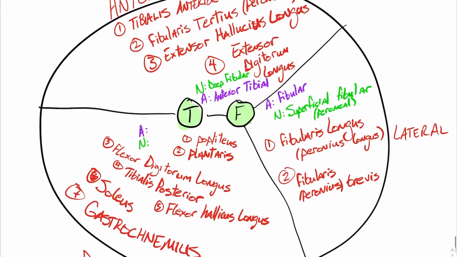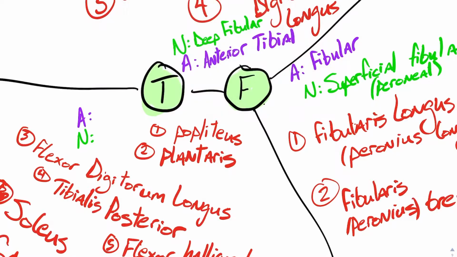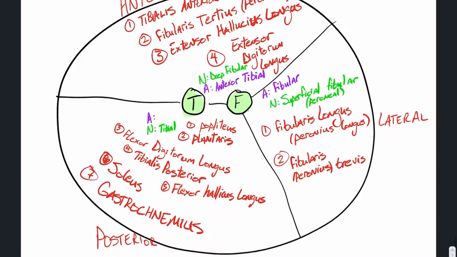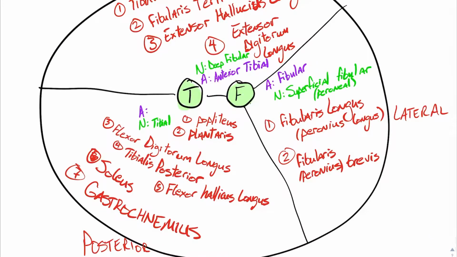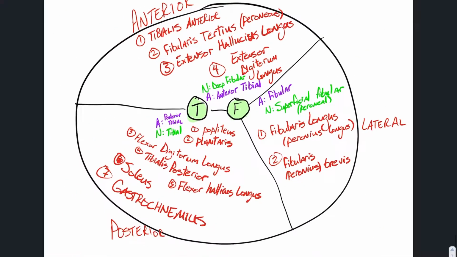And we want to make sure we've got these innervated. So innervation goes, the tibial nerve is innervating, and what artery would feed the posterior section? The posterior tibial. So let's write that in. Posterior tibial, posterior tibial.